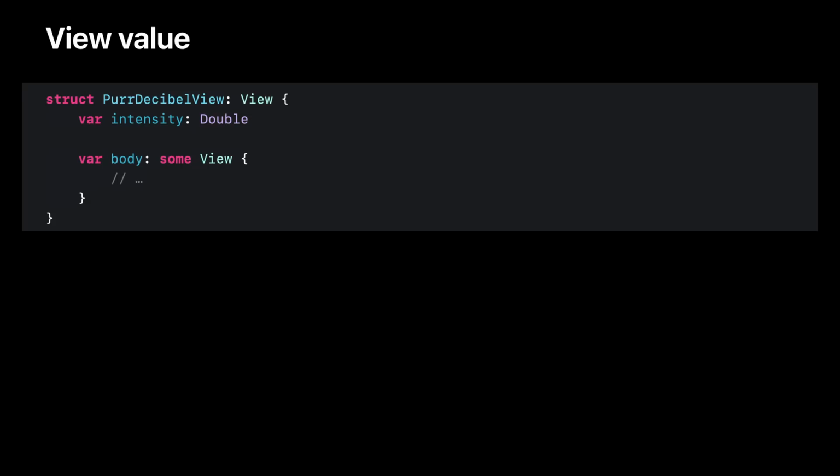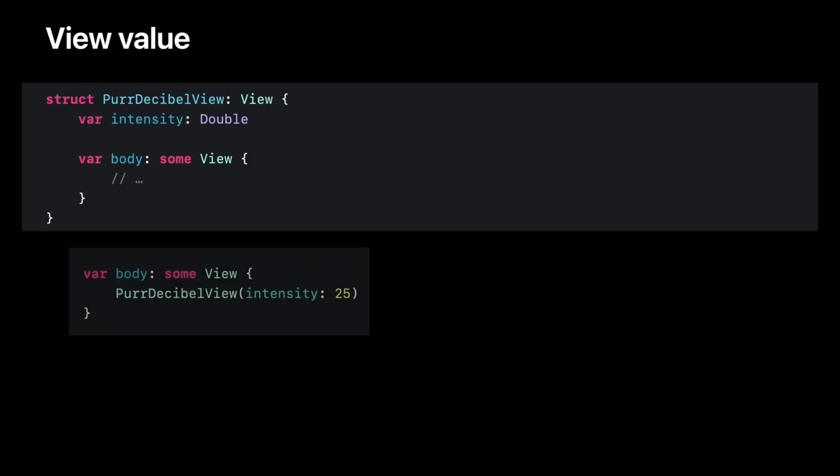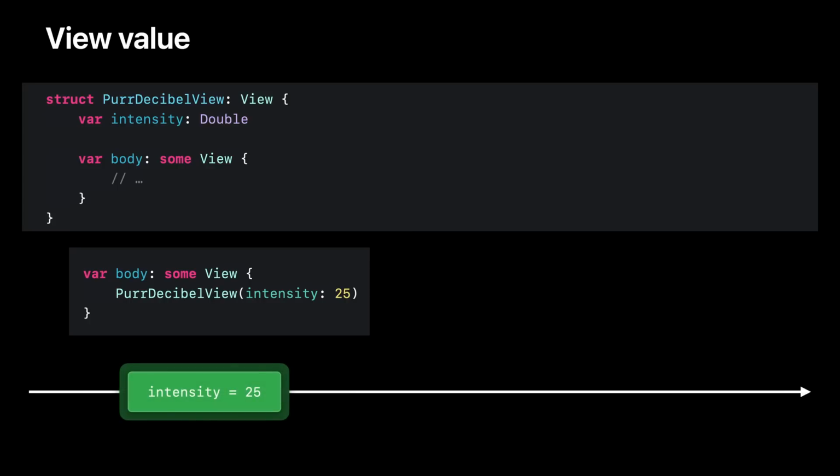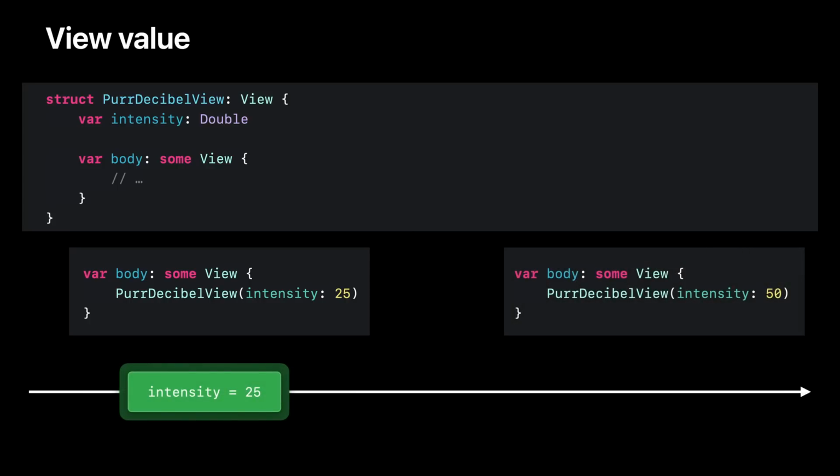Let's look at some code to clarify this. Here we have a simple view that displays the intensity of purring. Spoiler, Theseus is pretty loud. Through the evaluation of body, SwiftUI will create a new value for this view. In this case, with an intensity value of 25. Theseus is getting angry and wants more attention.